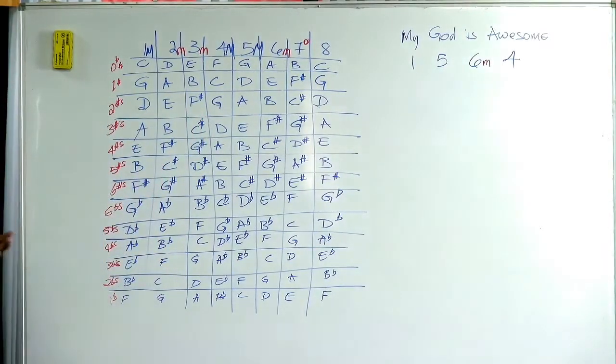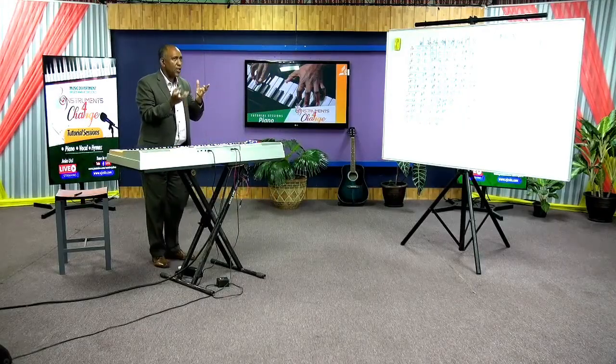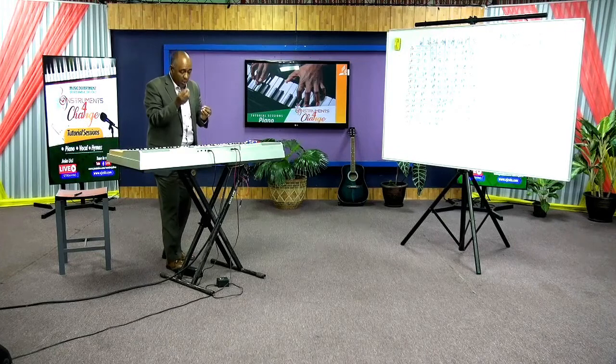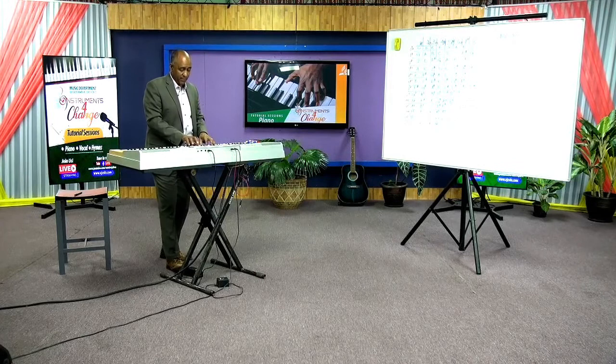So that is your F sharp minor. And if you keep doing that, you'll figure out how to play all the minors and the majors. So that was the key of A.